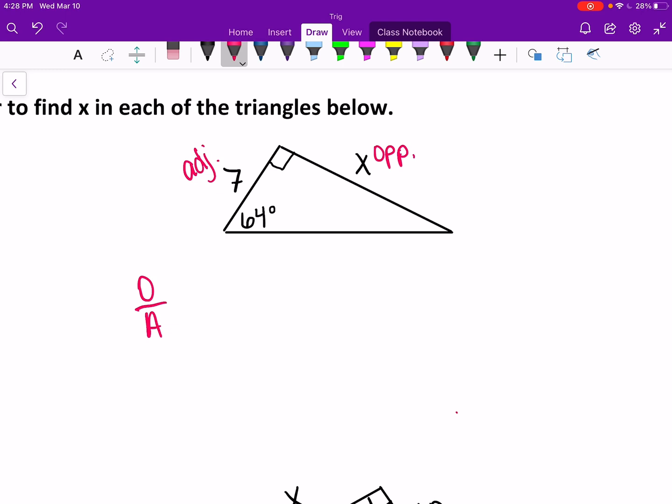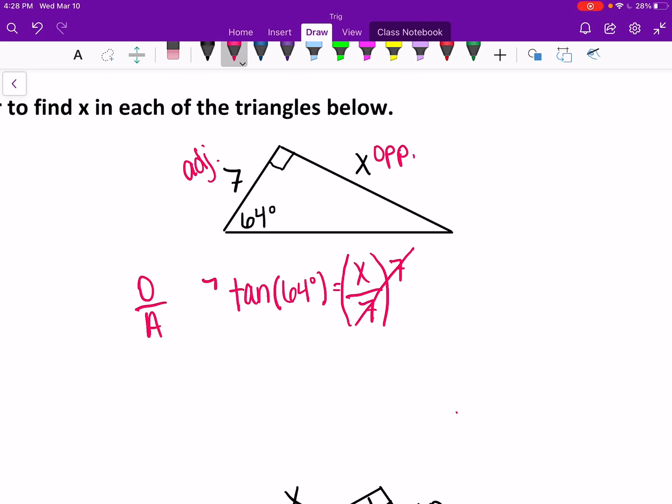So I'm using tangent. The tangent of my angle, which is 64 degrees, should be equal to opposite over adjacent. So x is our opposite side over 7, which is our adjacent side. And I'm solving for x, so I need to get rid of the 7 in the denominator. So I multiply this side by 7, so they cancel.